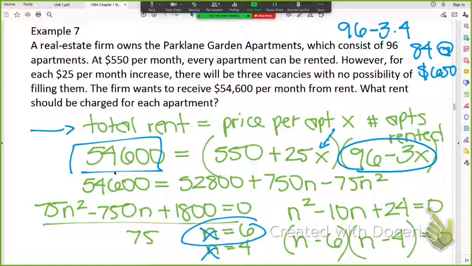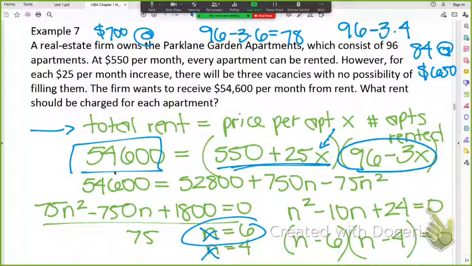Alternately, you could also use this 6, 96 minus 3 times 6. You can rent a few less apartments. So 96 minus 18 is 78 apartments. But that would be at a price of, if I plug in 6 here, 700.